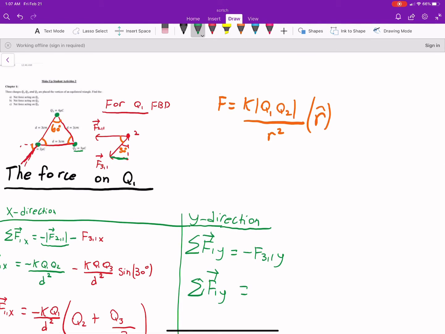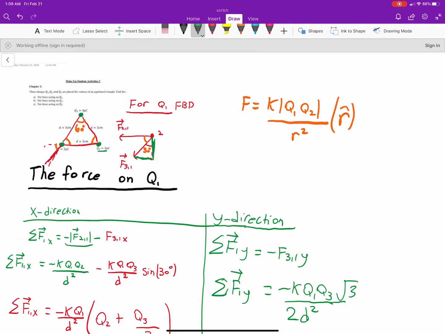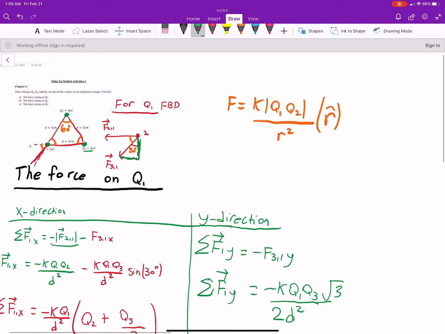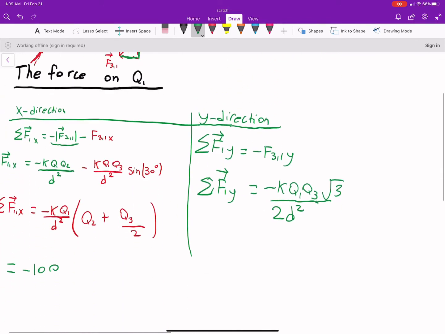So we have minus k times q1 times q3 over the distance squared cosine of 30, because we want, sorry about that, my calculator was being silly.